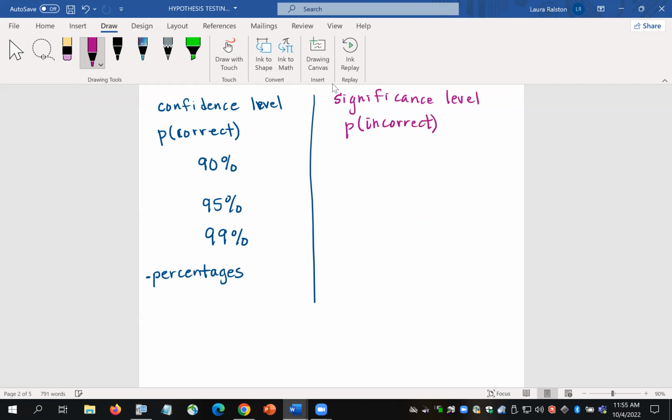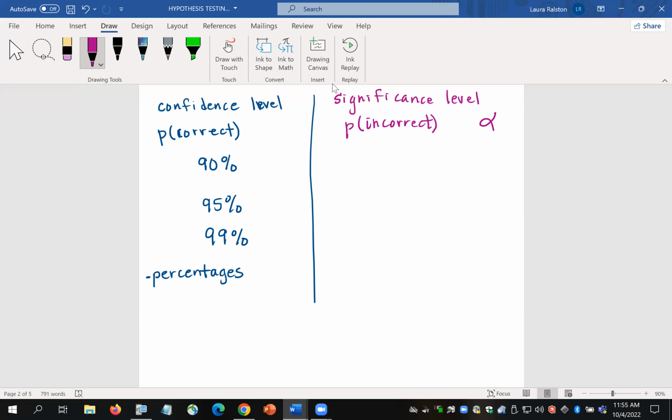The probability that I am incorrect is called the significance level or the level of significance. It's actually represented by the Greek letter alpha.